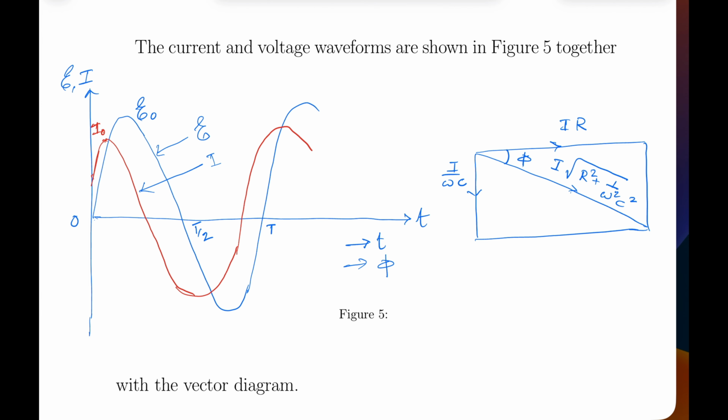We see that the EMF reaches its maximum value E naught, this is the position of E naught here, after the current has reached its maximum value. So the EMF lags behind the current, or the current leads the applied EMF by a certain angle phi. Okay?